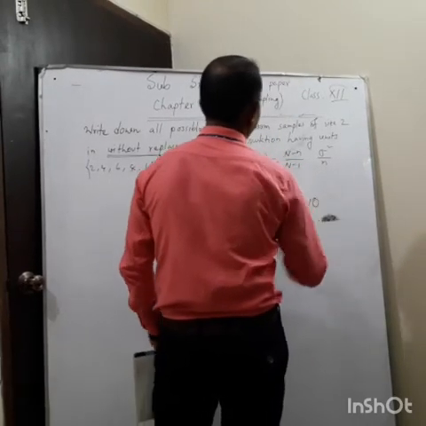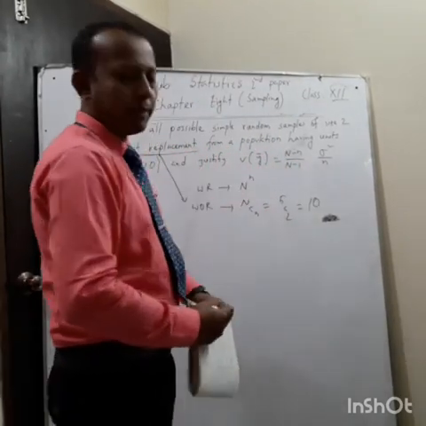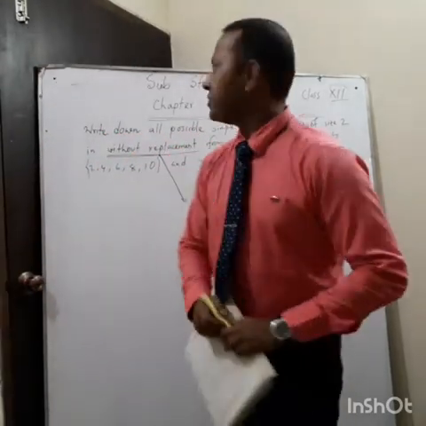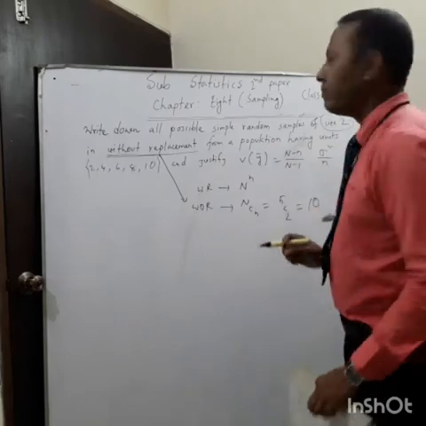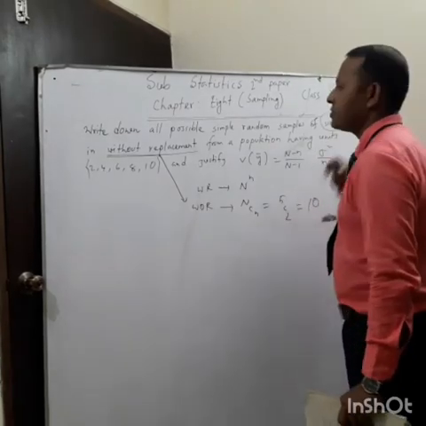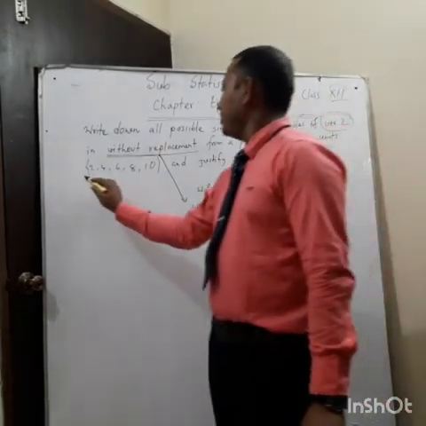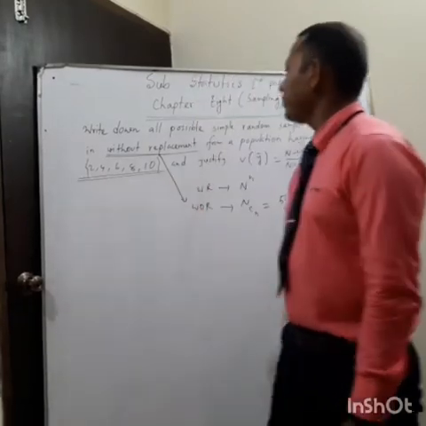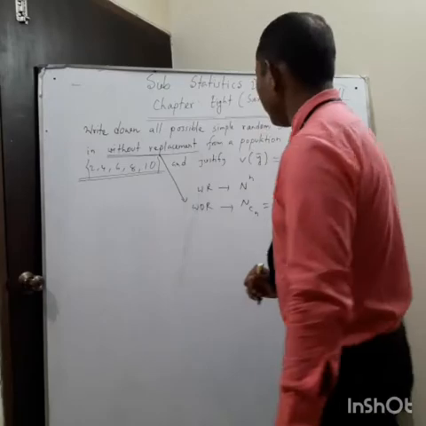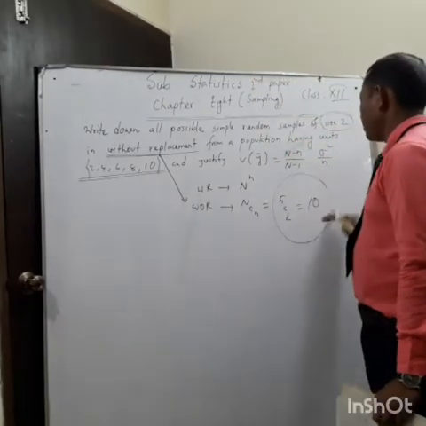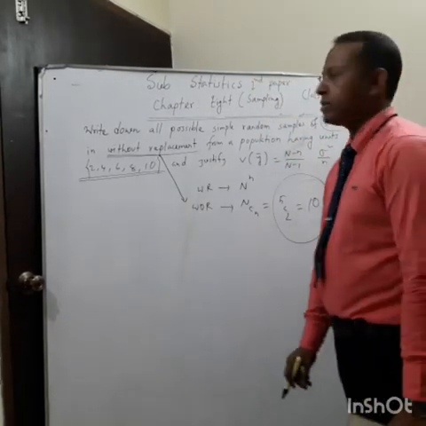That is, if we collect samples of size 2 from this population without replacement, we will get 10 samples.